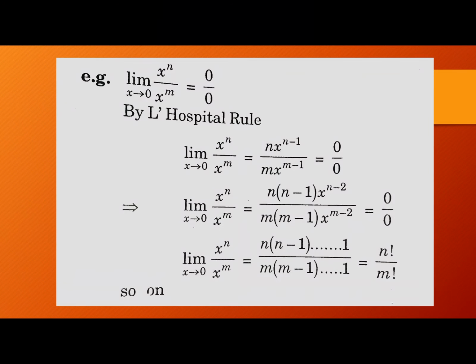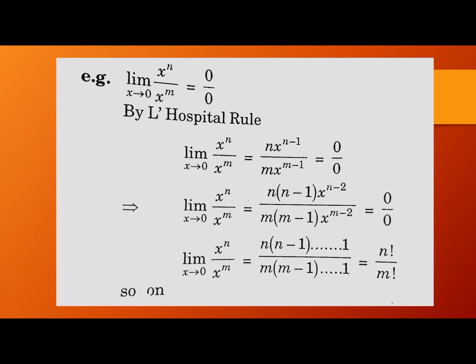Next example, limit x tends to 0, x raised to n by x raised to m is equal to 0 by 0. By L'Hospital's rule, limit x tends to 0, x raised to n by x raised to m is equal to n into x raised to n minus 1 by m into x raised to m minus 1, which is equal to 0 by 0. We are just taking out that exponent and multiplying with the variable raised to that exponent minus 1.